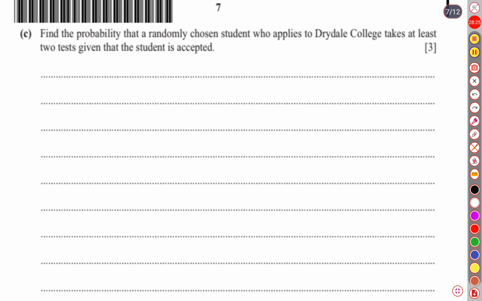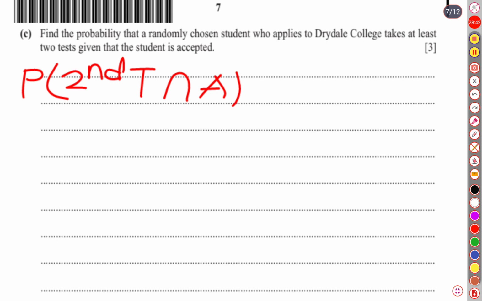So first of all, we will have to write the probability that the second test was done, and then he was accepted. He was finally accepted. So if the second time he takes the chance, what are the cases?